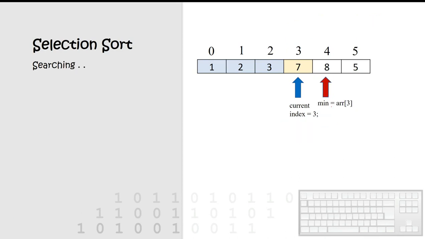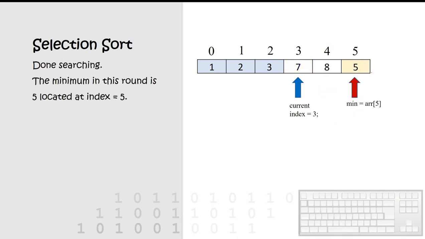So 8 is not less than 7. The minimum stays at ARR3. The minimum stays equal to 7. But 5 is less than 7, so our minimum is now set equal to 5. And our index is equal to 5. This is going to be used for the swap.